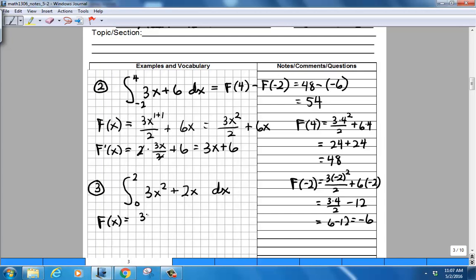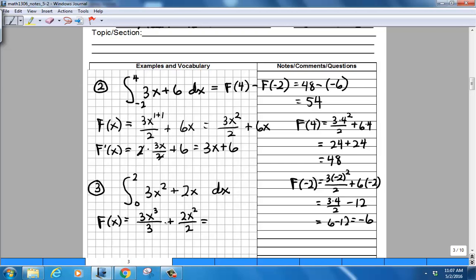You're going to take 3 times x to what power? 2 plus 1. Yeah, 2 plus 1, right? So 3x cubed, and then divide that by 3. See, that power always comes in as a divisor here. Plus, for this term, you would have 2x squared, add 1 to the exponent, and then divide by that exponent.